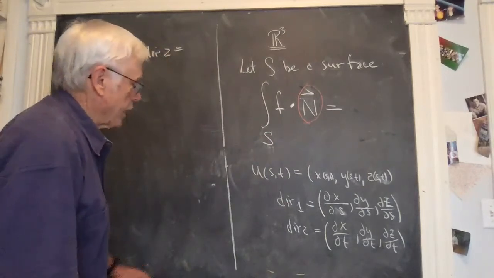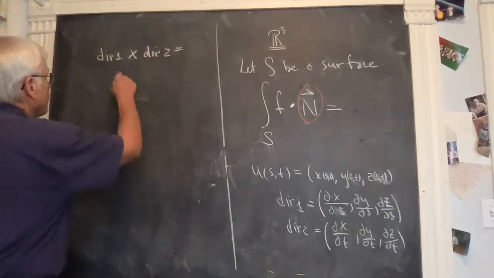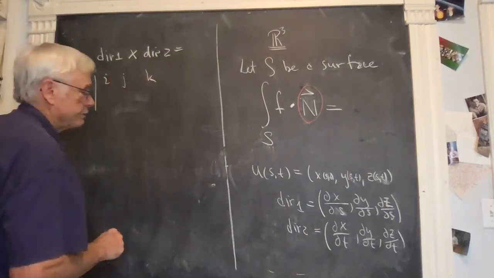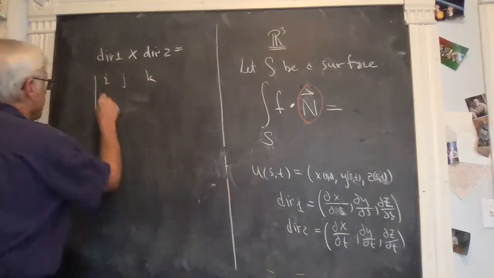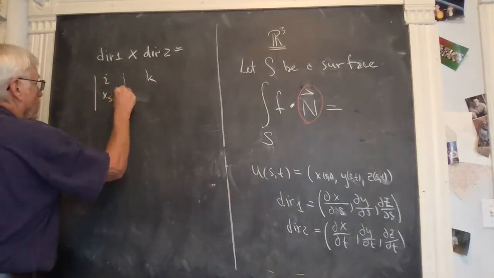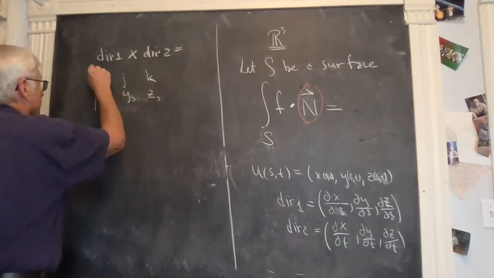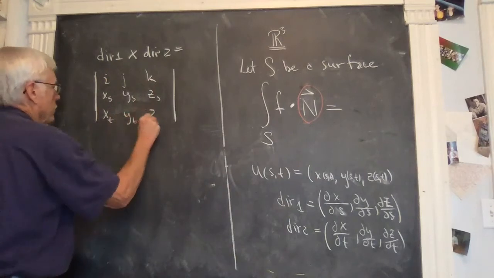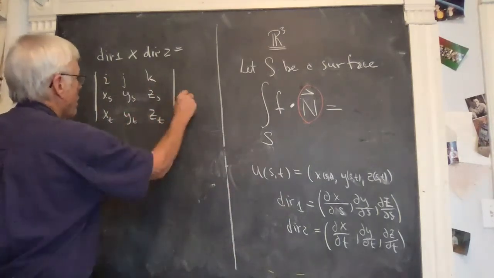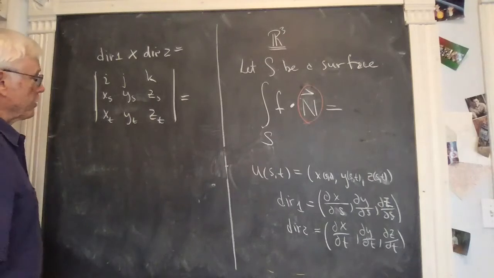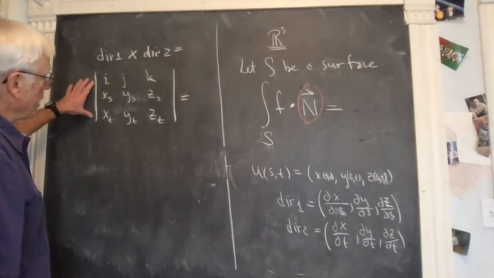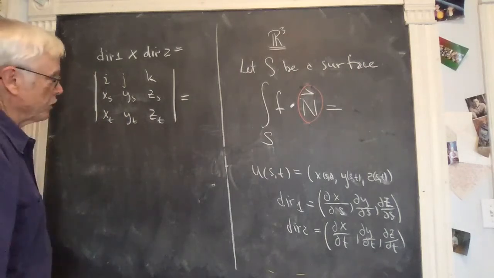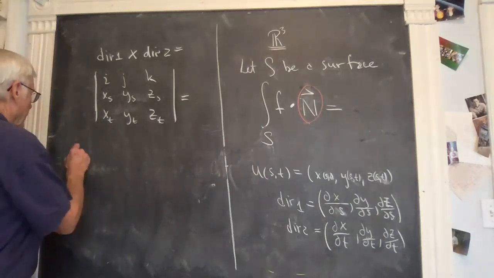So let's just take a look at that. So this is i, j, k when we're taking the cross product, x sub s, y sub s, z sub s, x sub t, y sub t, z sub t. This vector will be perpendicular to the plane at any given point, but this vector will not be a unit vector. We'll have to make it a unit vector.